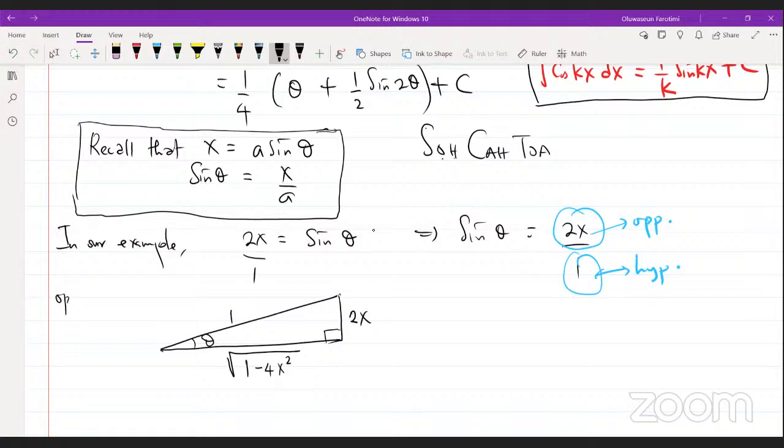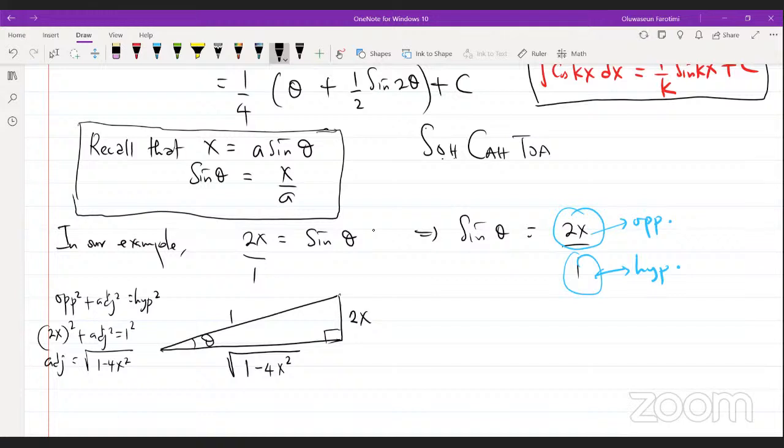Remember the trick, opposite squared plus adjacent squared. Okay, so the opposite is 2x, right? So you have a 2x squared plus, we don't know the adjacent. This is a 1 squared. So that means that the adjacent is just going to be square root of 1 minus 4x squared. And that's why we'll have that.